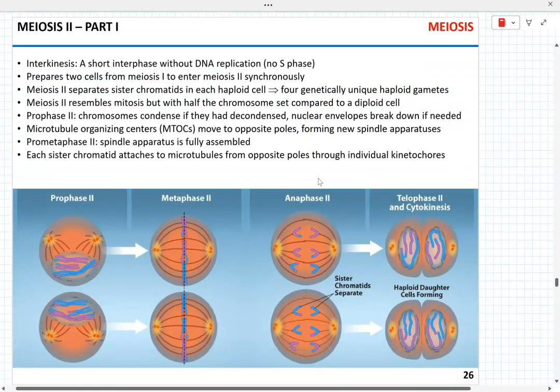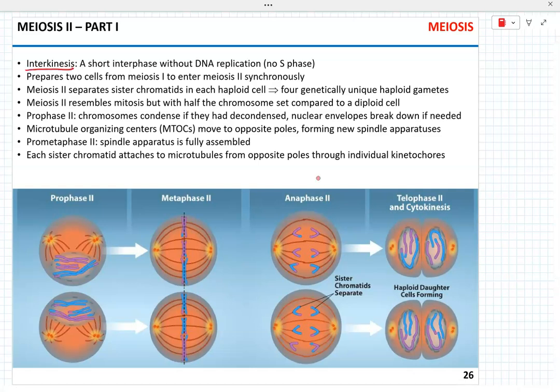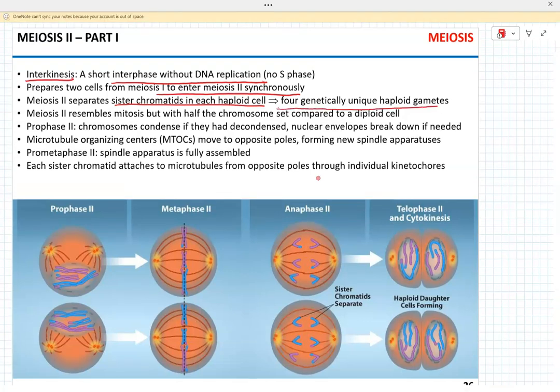Between meiosis 1 and meiosis 2, there is often interkinesis, a phase without DNA replication. It prepares cells from meiosis 1 to enter meiosis 2 at the same time. Meiosis 2 effectively separates sister chromatids in each haploid cell produced during meiosis 1, resulting in 4 genetically unique gametes.